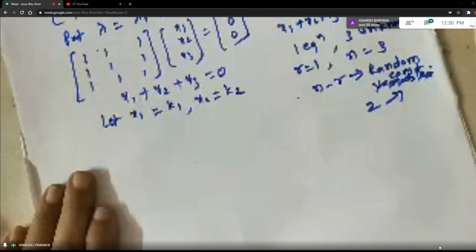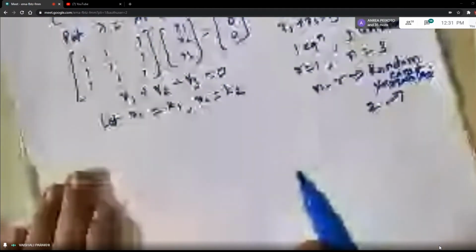We have seen a similar situation when we were doing the system of equations. Whenever there was one equation with 2 unknowns, we used to take one unknown as K and get the other unknown in terms of K. You followed? But here there are 3 unknowns and 1 equation. So take x1 as K1 and x2 as K2, your choice. Any 2 variables you take as K1, K2.